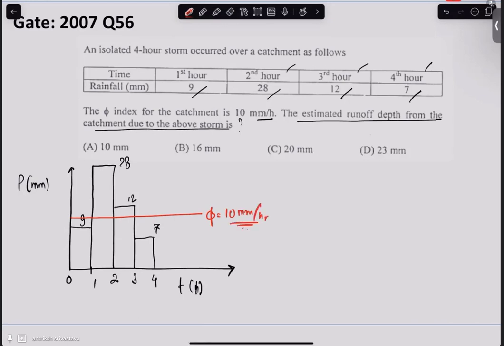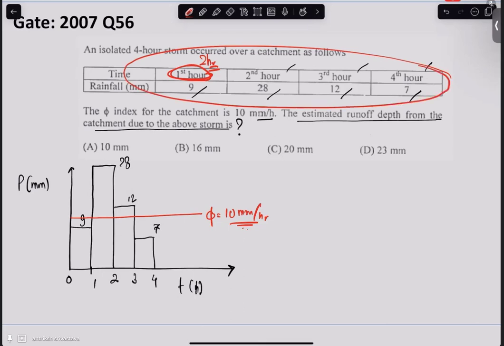One thing to note here: GATE is becoming tricky these days, and this is a very old question, so they have not used much trick in it. But nowadays, instead of 1 hour, they might give you the precipitation for 2-hour intervals.